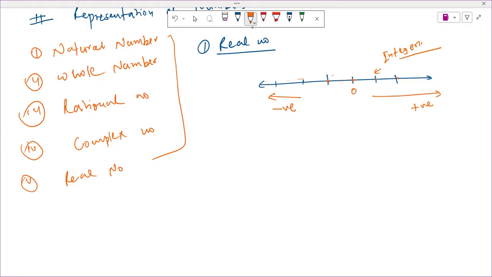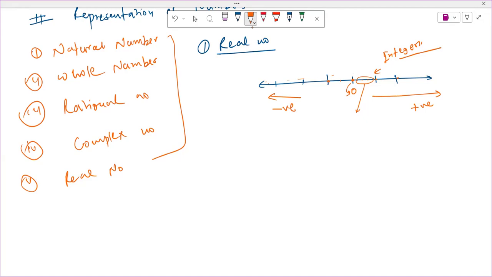This can be in both directions, just to the right of this reference 0, or to the left of this 0. On the right side you have positive integers, on the left side negative integers, and now you can have something in between, right? So what are these?